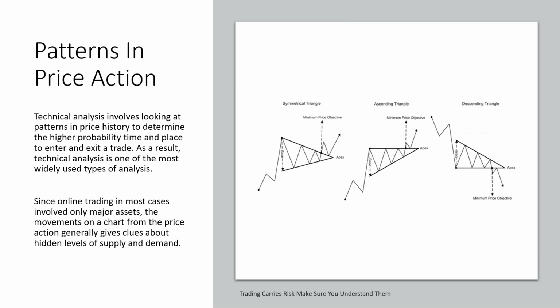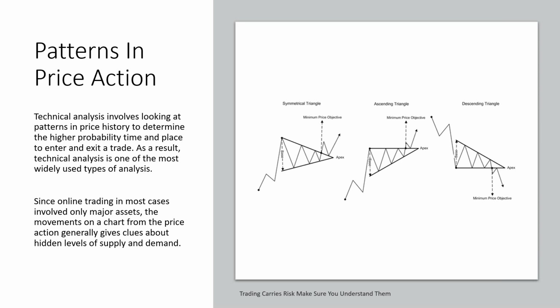So we have many different fields that make up technical analysis. My favorite field, and the one I use the most, are patterns. I look for price patterns on my charts. Technical analysis involves looking at patterns in price history to determine the higher probability time and place to enter and exit a trade.